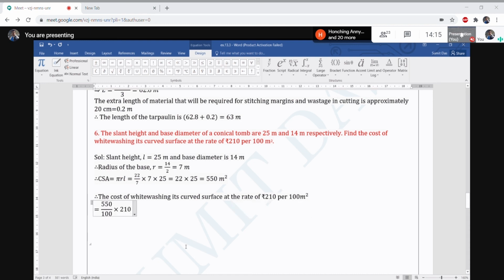Which is equal to, if you see, the 10 and this 20 will cancel, it will be 55 into 21, which is equal to 1155 rupees. That's our answer.